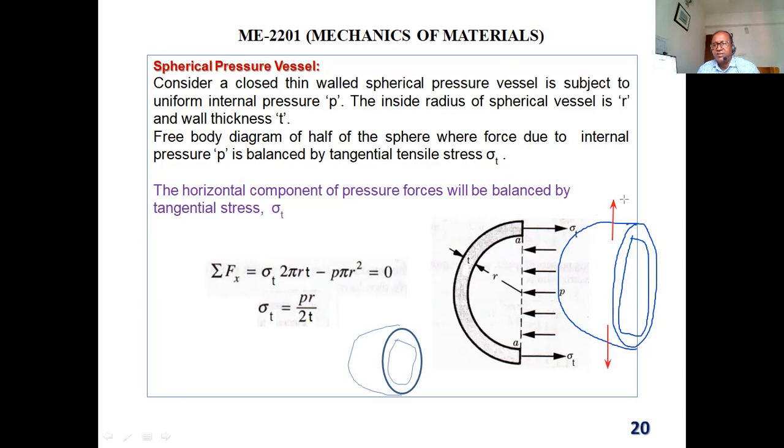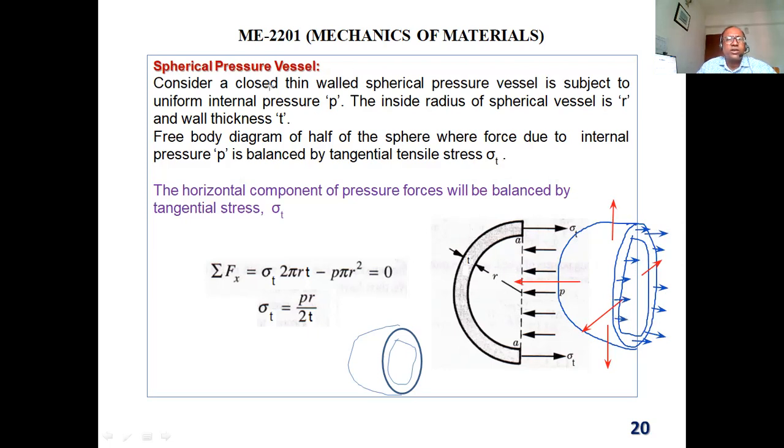This pressure force will be balanced. Pressure working along this direction is balanced. But pressure working along this direction, who's going to balance it? It will be balanced by sigma t working on all the surface right over here. Sigma t, at every point sigma t is working.